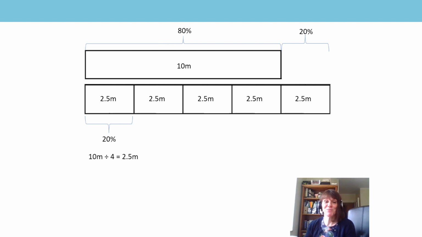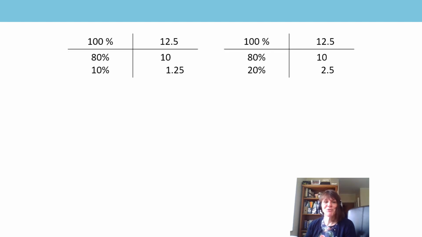You might have drawn a ratio chart. These two ratio charts link to the two different bar models that I've just shown you. This one here shows you how you divided the 80%, you divided the 10 meters into 8 equal parts, and 10 divided by 8 equals 1.25, and then you use that to find the original length.